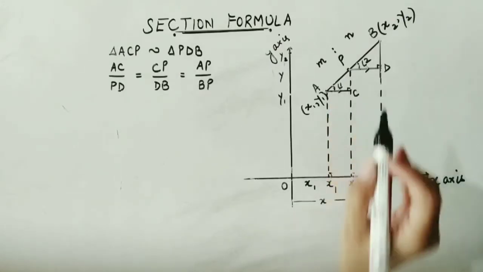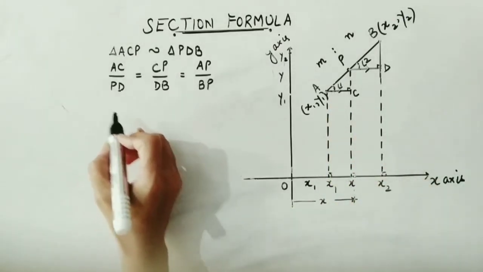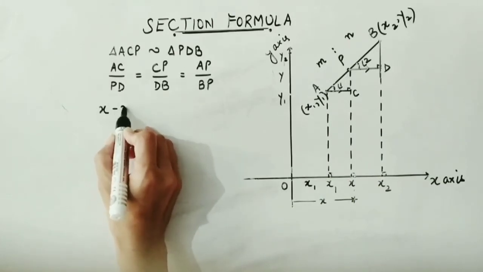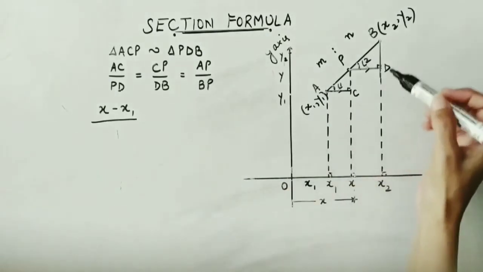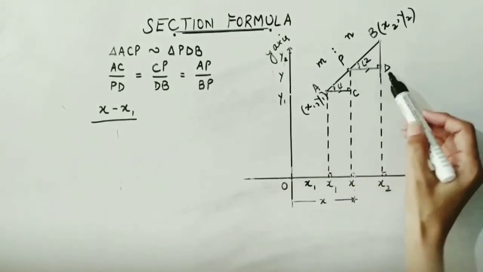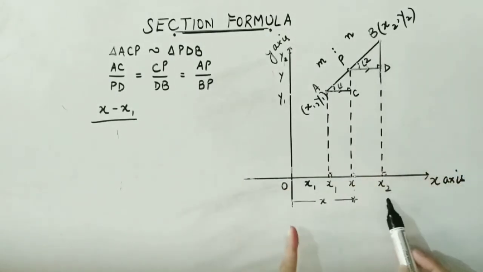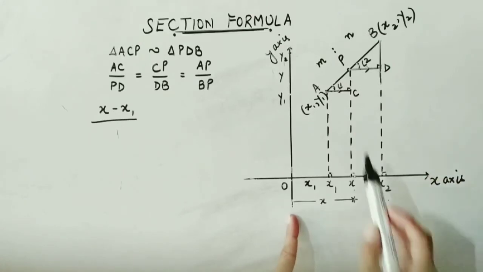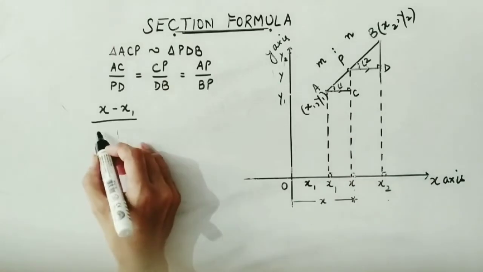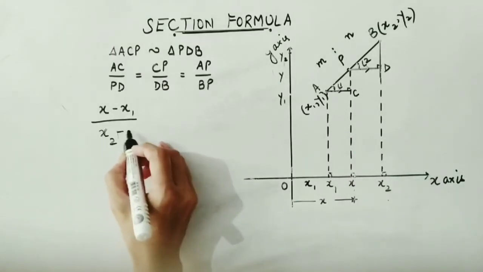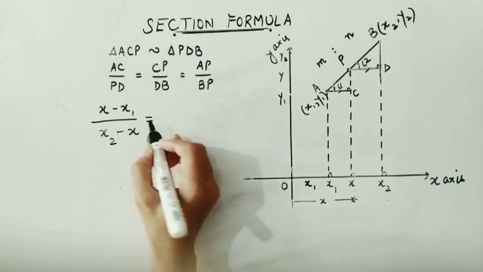So if I say AC is x minus x1 upon PD. What would be PD? PD, position of D. Total x2 minus P's location was x. So this is x2 minus x.